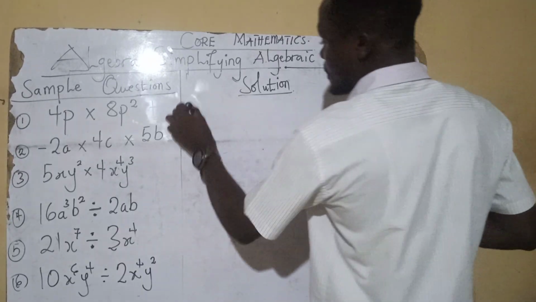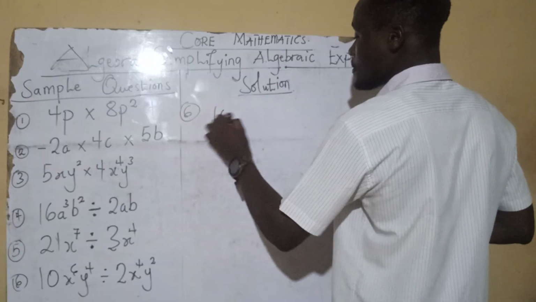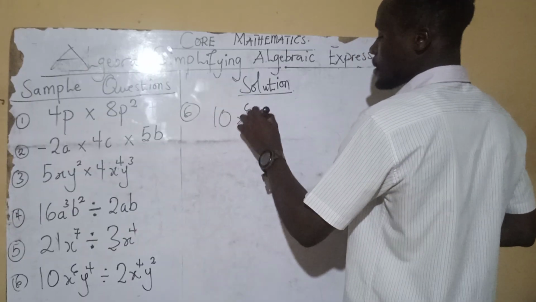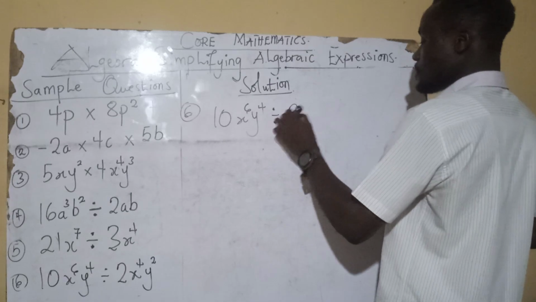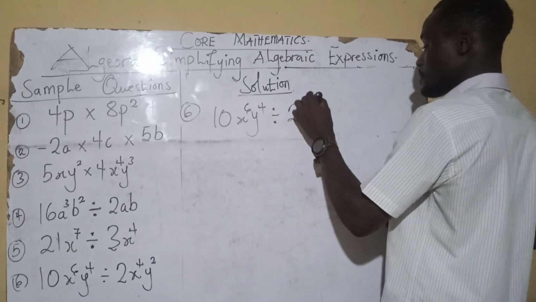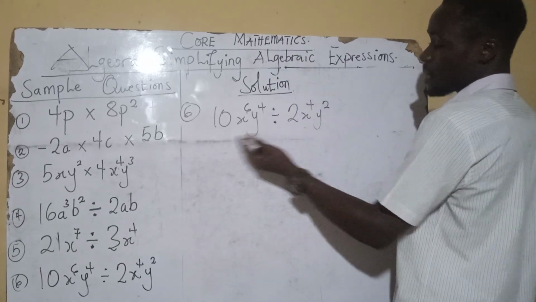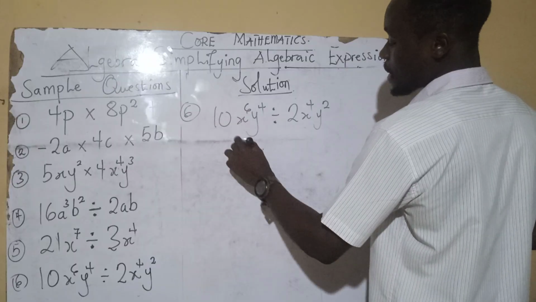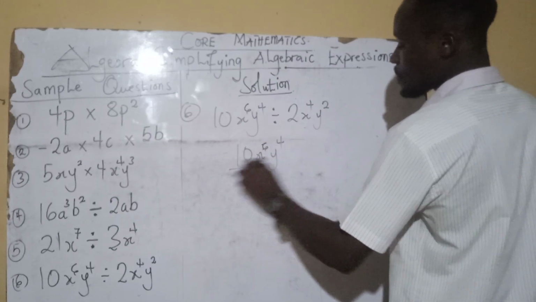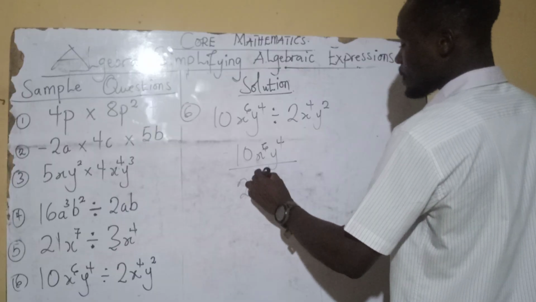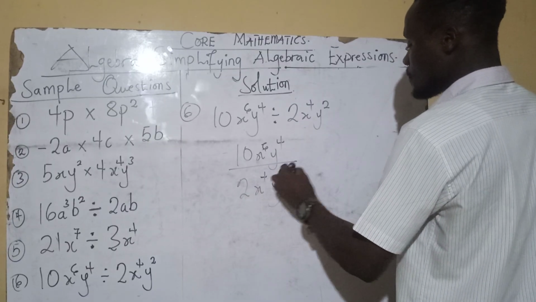The question number 6, I have 10x power 6 y power 4 all over 2x power 4 multiplying y squared.